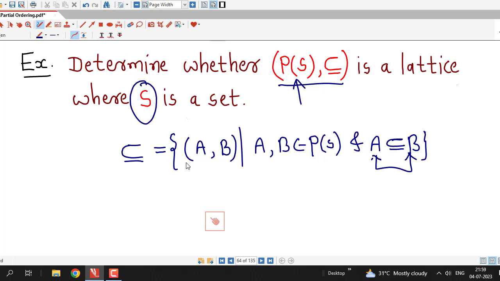If A is a subset of B, then A is related to B, and if B is a subset of A, then B is related to A.